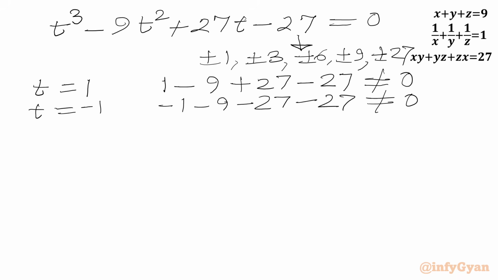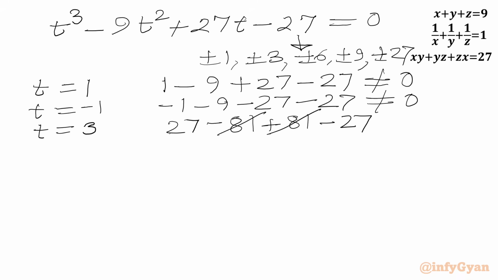Cannot be 0. Now t equal to 3. 3 cube is 27, minus 9 times 9, 81, plus 27 times 3, 81, minus 27. So plus and minus 81 will be over, plus and minus 27 will be over. We are going to get 0. So t equal to 3 is our base solution.